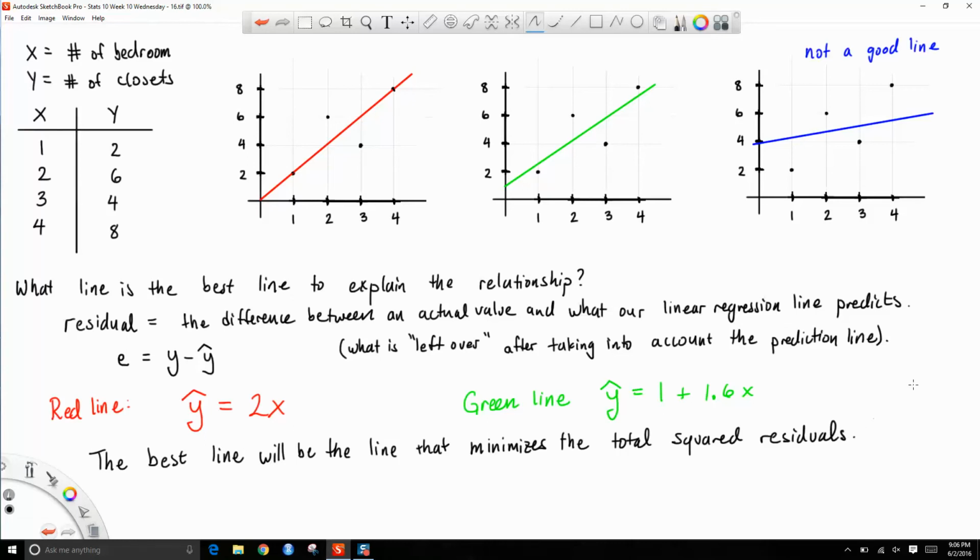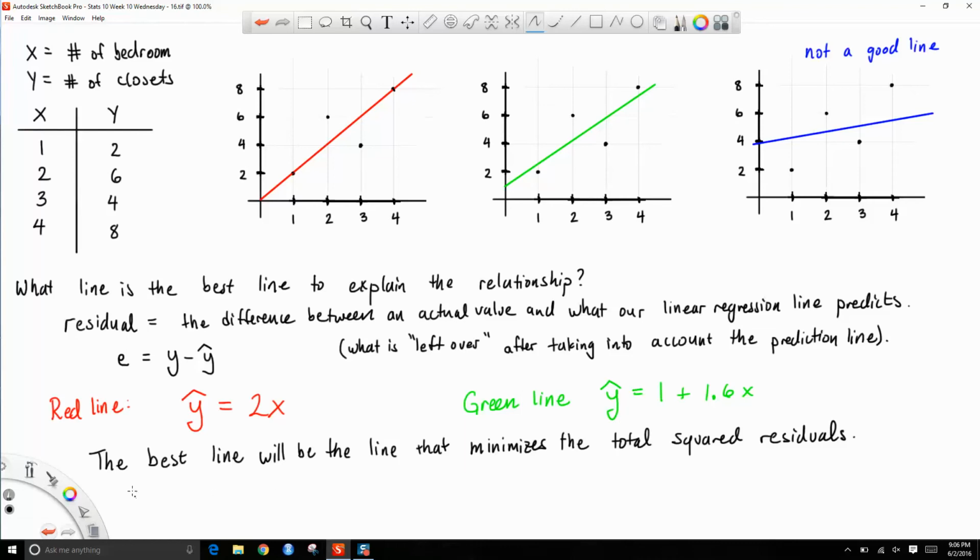Okay, and so linear regression is sometimes called OLS, for ordinary least squares regression, or sometimes least squares regression, because we're minimizing the squared residuals.